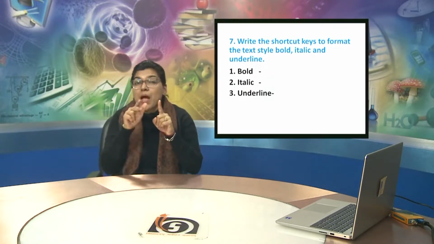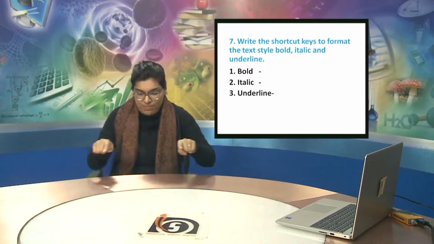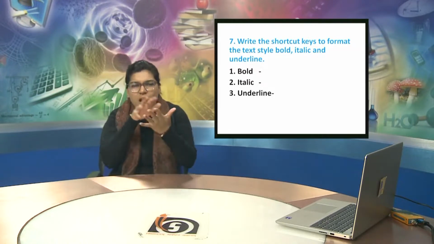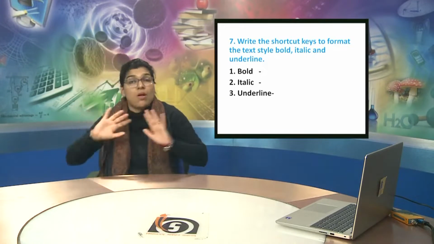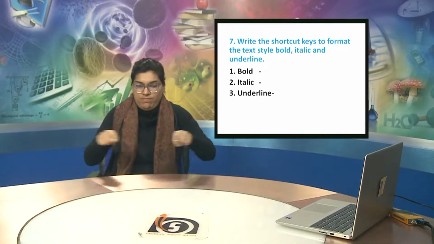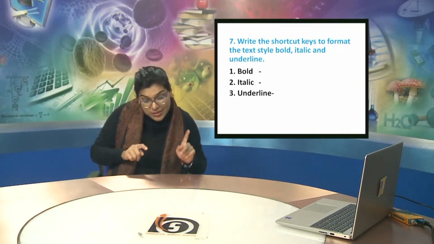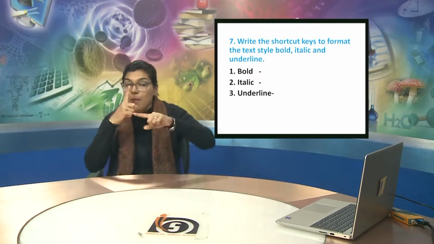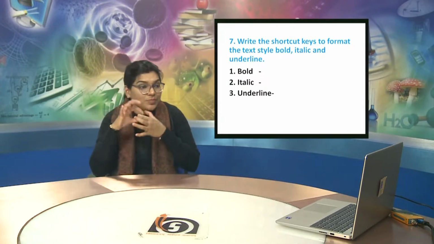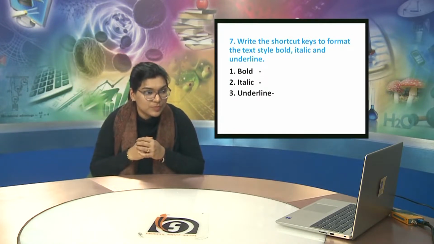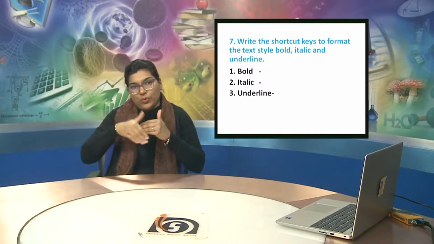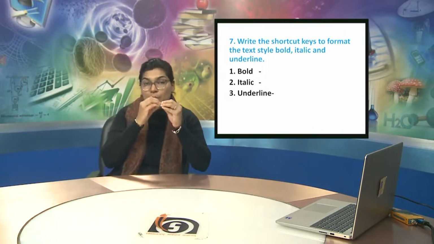You have to mention the shortcut key which you have to use whenever you do these things in MS Word, that is bold, italic or underlining. Okay, let's move forward. I'll answer.